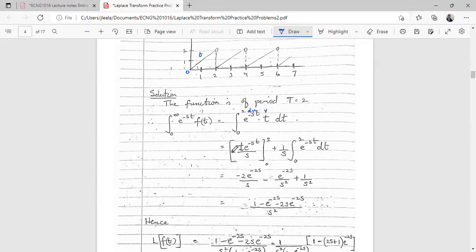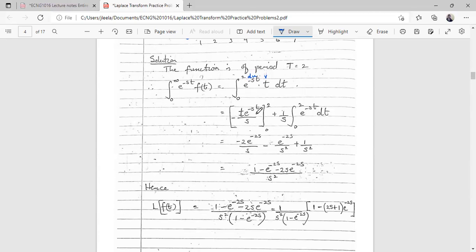So again, your uv will be minus t e to the minus st over s, and then your minus, which will be 1 over s. You pull it out on the outside, the integral between 0 and 2, e to the minus st. And then you plug in the limits here, you'll get minus 2 e to the minus 2s over s, and then minus, right?